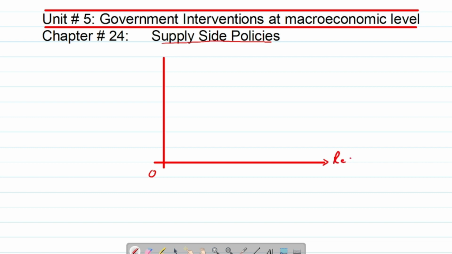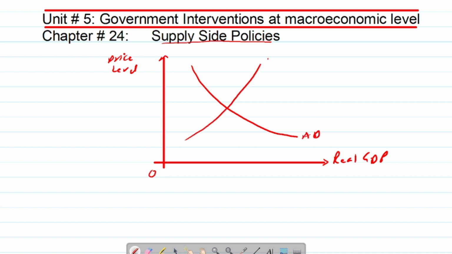We have real GDP on the X-axis, and on Y we have price level. The aggregate demand curve is negatively sloped like this, and the aggregate supply curve is positively sloped, and equilibrium in the macroeconomy takes place at point E, where the price level is P and real GDP is Y.